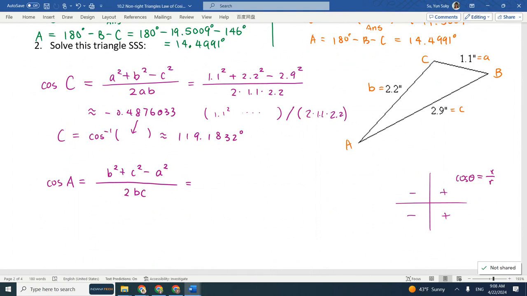Now we plug in the b. What is b? 2.2 squared plus c, c is 2.9 squared, minus a squared, 1.1 squared. And then over 2b, 2.2, c, 2.9. Okay, type everything into your calculator in one line. What do you get?